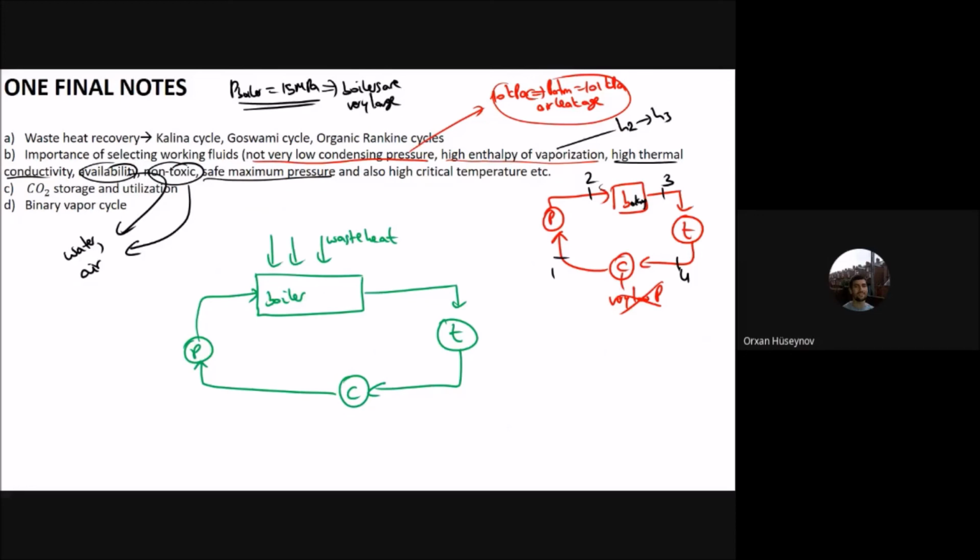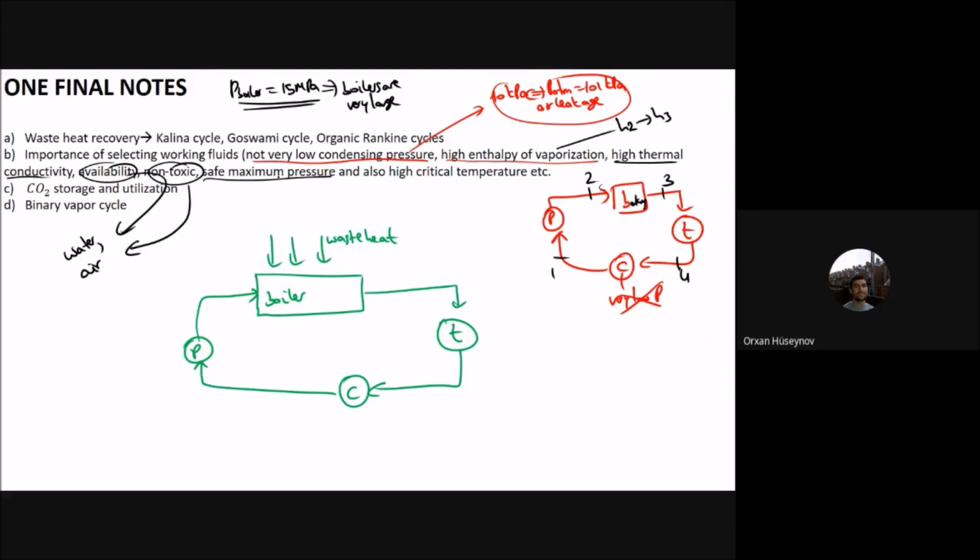Otherwise this high pressure can explode the system structure. Therefore, this is the first desirable thing, that we should have a safe maximum pressure. So 15 megapascal is okay for water. But if we had another fluid that gives the same enthalpy of vaporization and the same heat transfer values at lower pressures, that's also desirable.